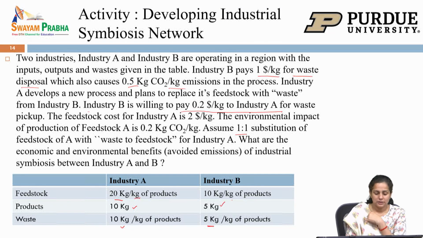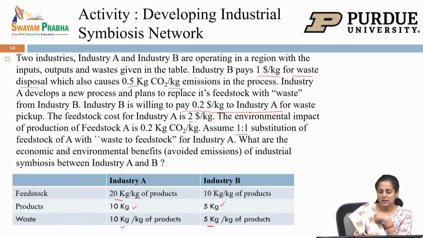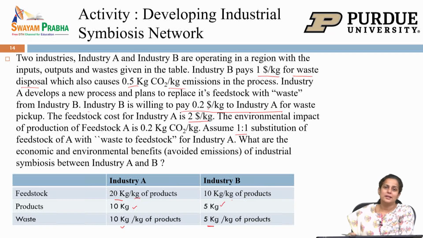And the feedstock cost for industry A is of course $2 per kg. So, now if it is going to use industry B's waste to replace feedstock, it is going to pay very little. It is going to replace $2 per kg with $0.2 per kg, and that kind of win-win scenario is very conducive to the formation of industrial synergy between A and B.